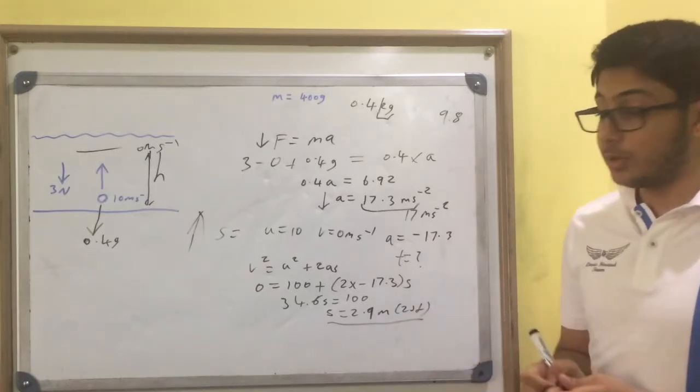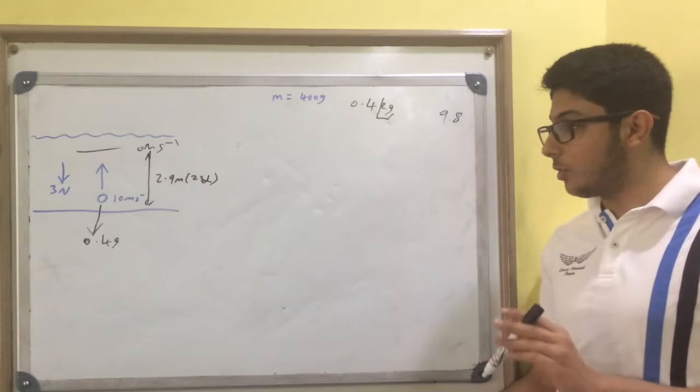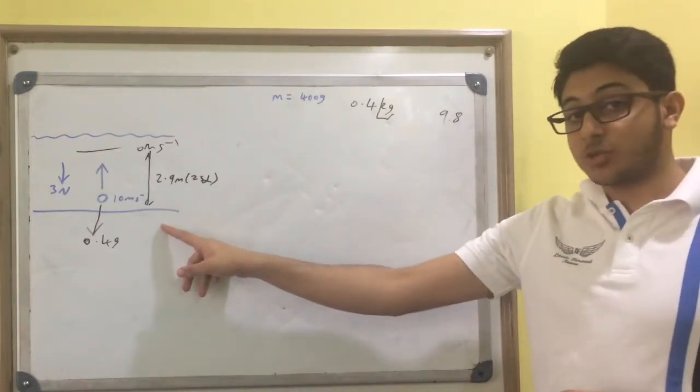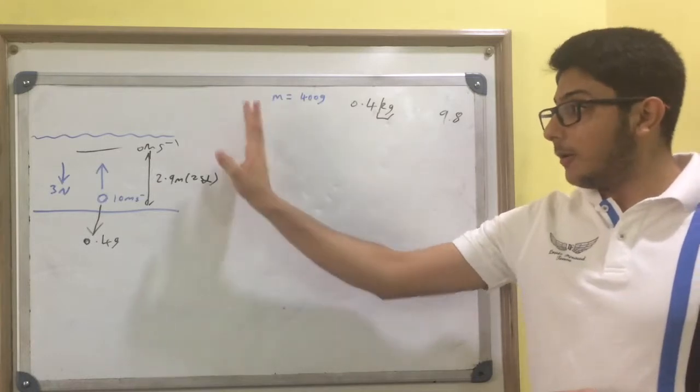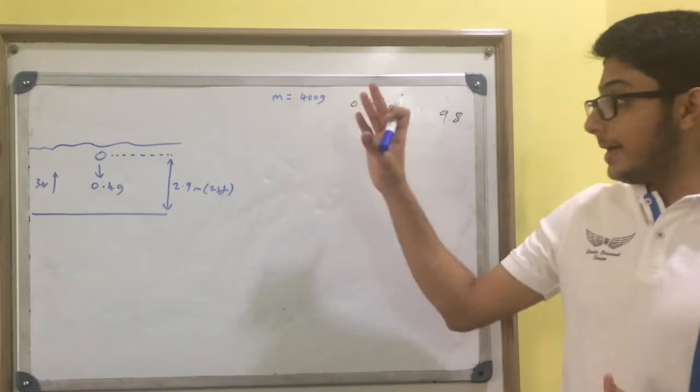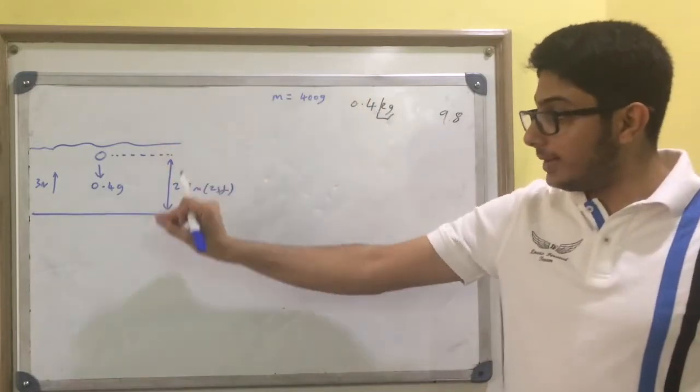Okay, next part of the question. Find the speed of the stone as it hits the bottom of the pond on its return. We're going to need to draw a different diagram for this. Now the stone is going to start moving downwards.